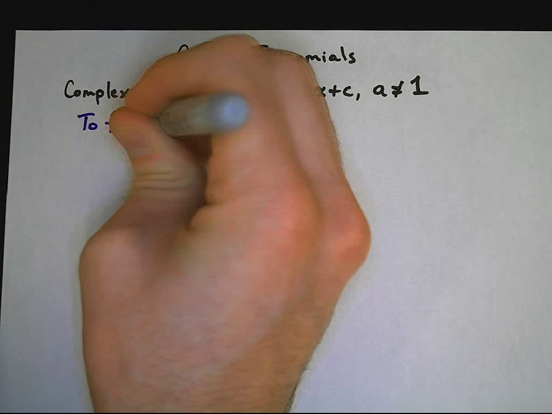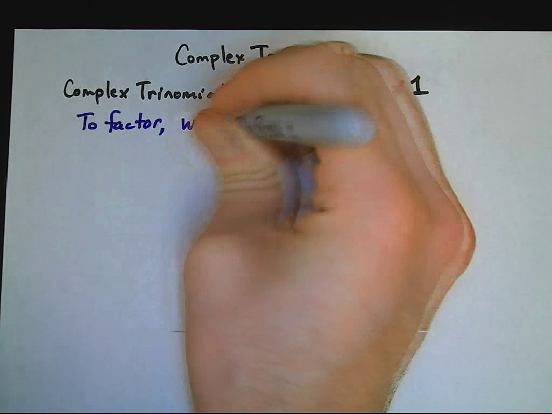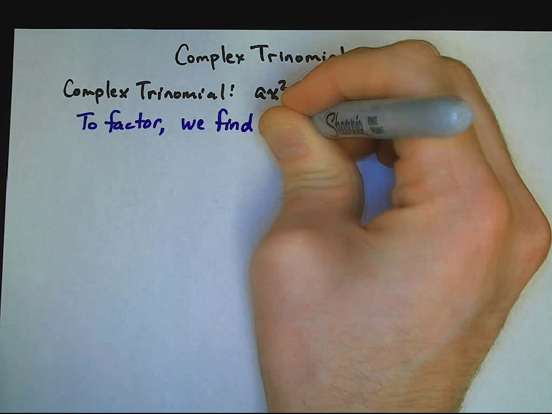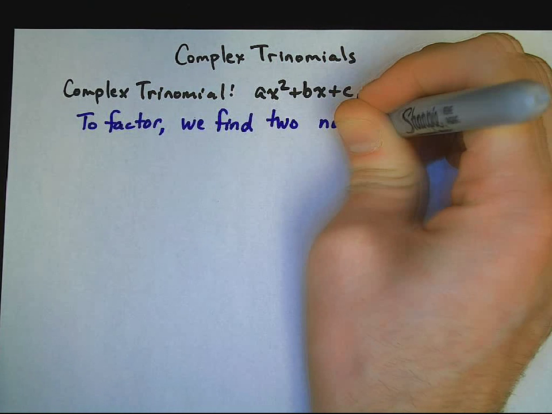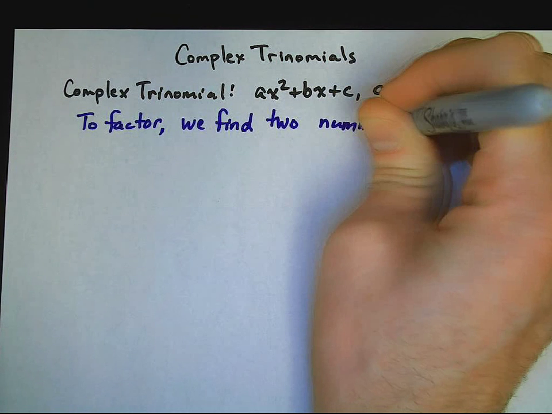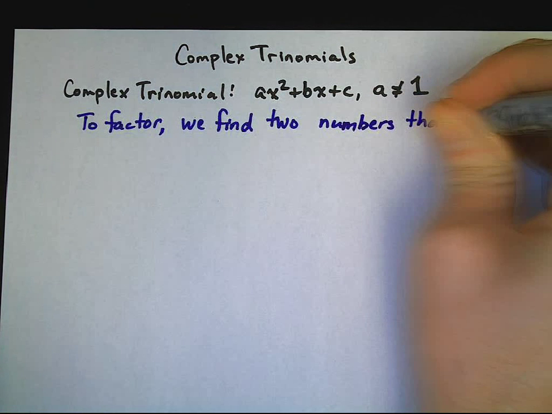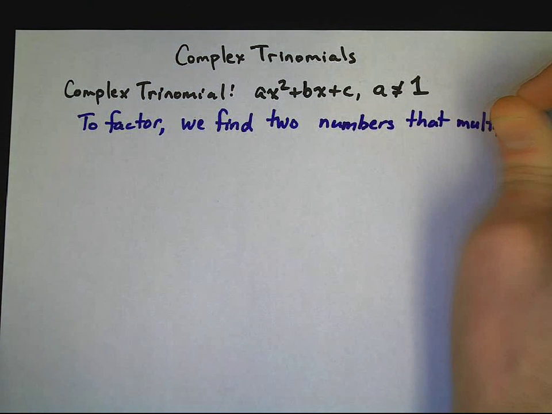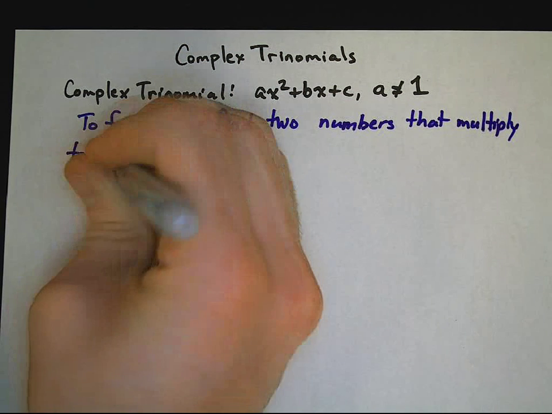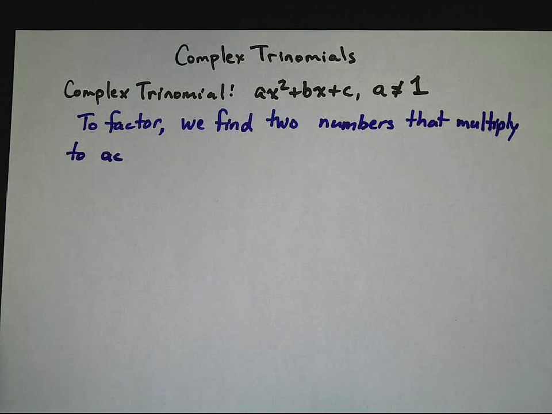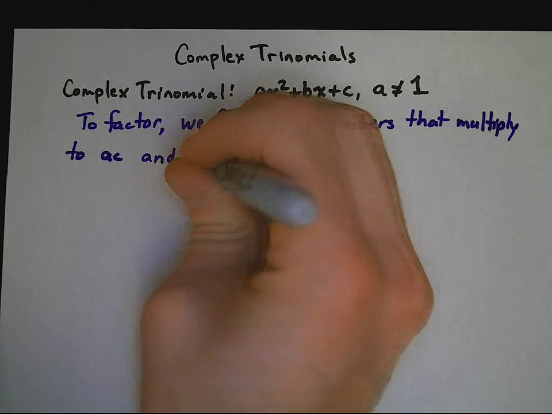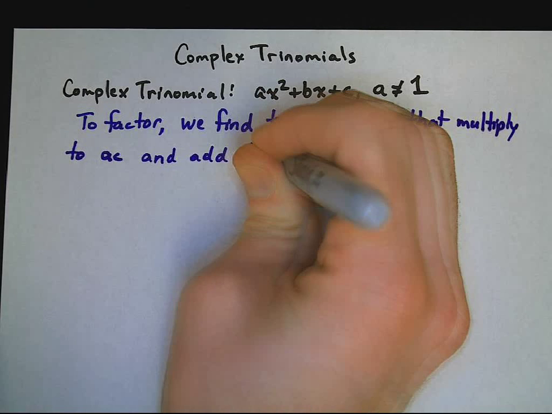And to factor a complex trinomial, we find two numbers that multiply to AC, which is the first and the last term, and add to B, which is our middle term.